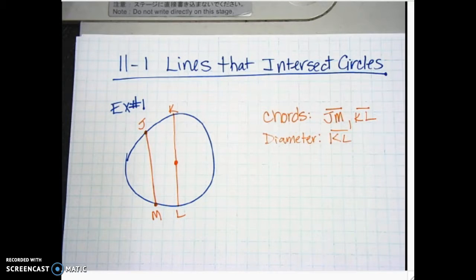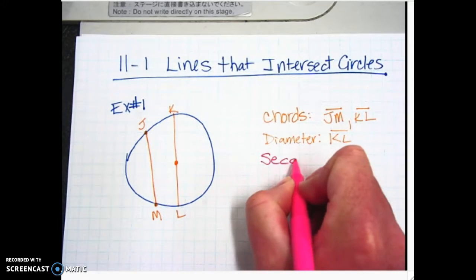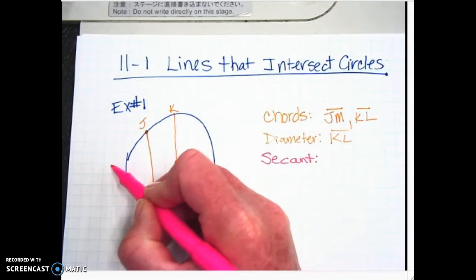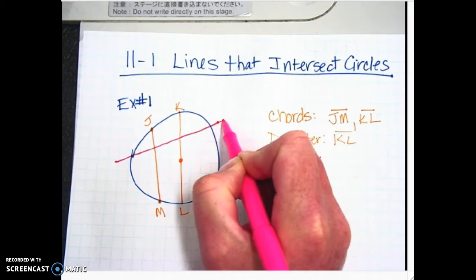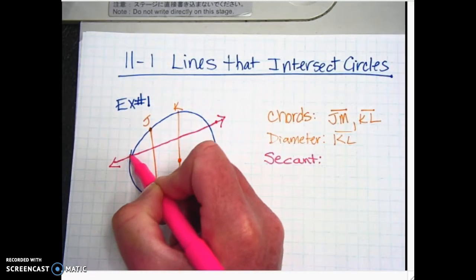All right. Now we're going to look at something called a secant. So a secant is a line that intersects the circle at 2 points. So if it goes through the circle and continues on and has arrows like this, we'll call this AB.